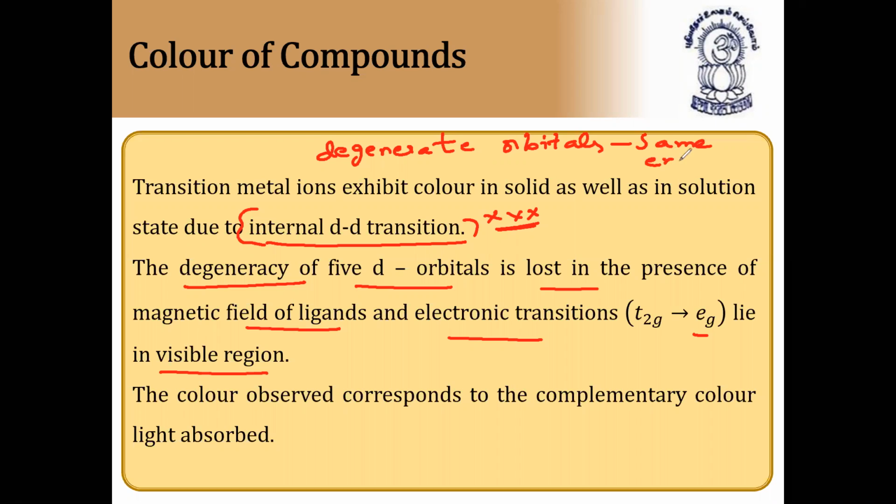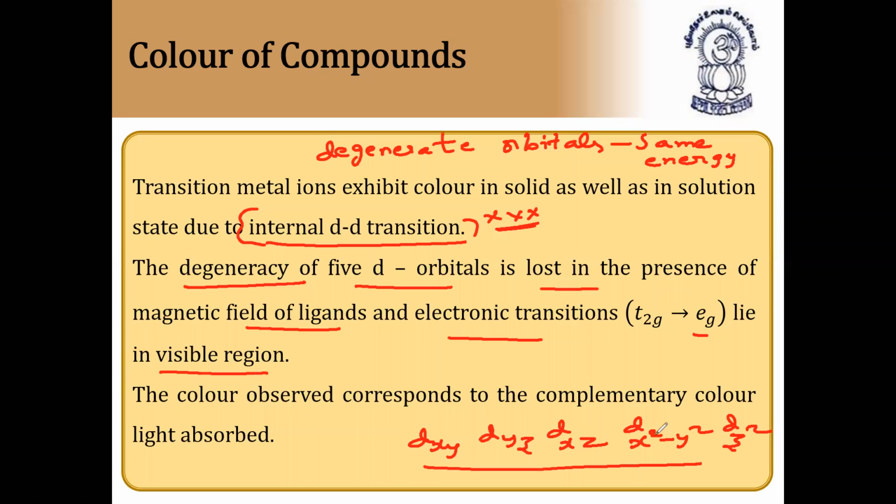Already we know the d orbital can form dx square minus y square, dxy, dyz, dxz, and dz square. These are the 5 orbitals. They form the d orbitals we have.